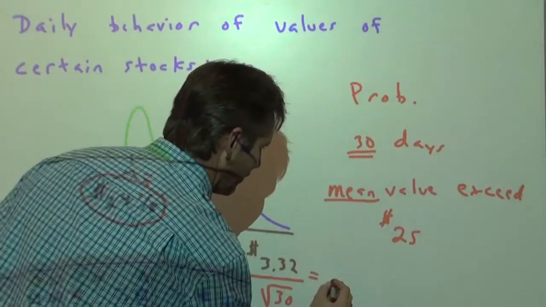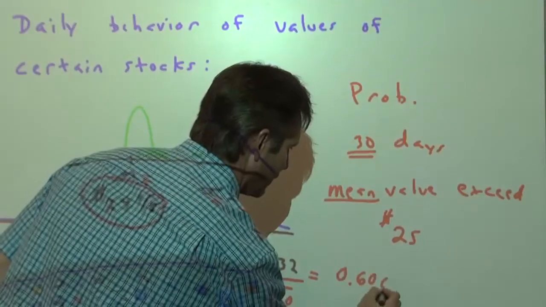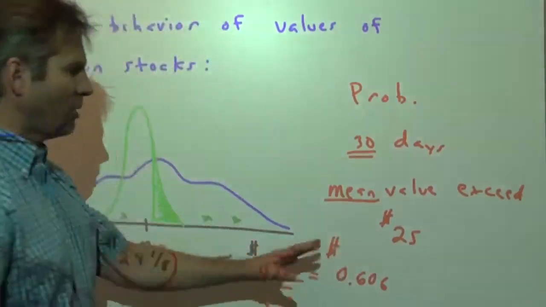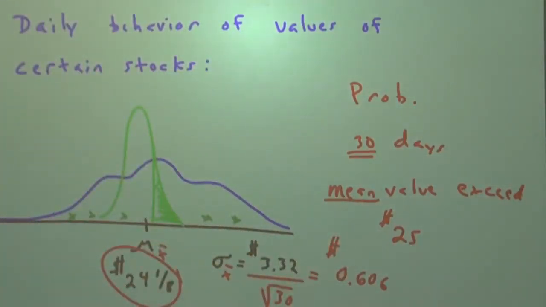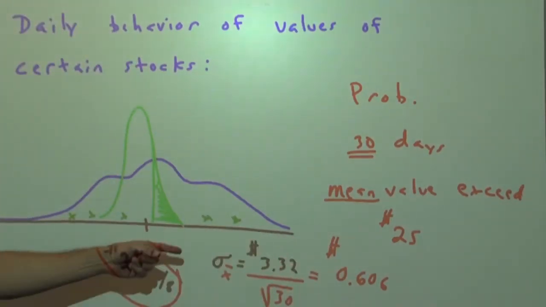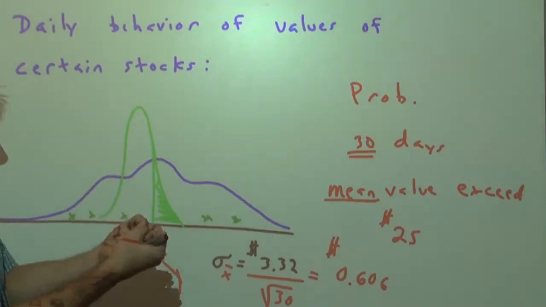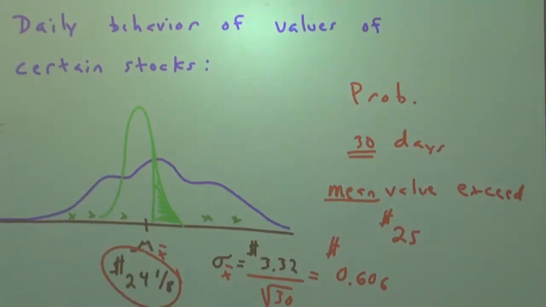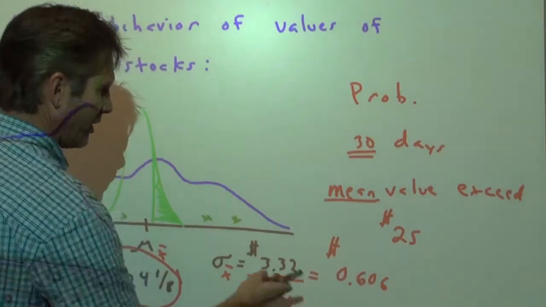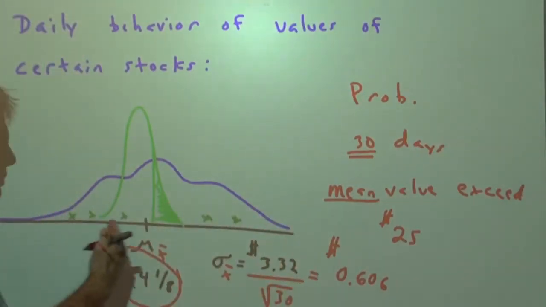This would give us a standard deviation of 0.606. So about 61 cents is how much the standard deviation would be for sample means, for taking 30 days at random, adding them up, getting a mean average. This is the standard deviation for how much those sample means should fluctuate due to chance.